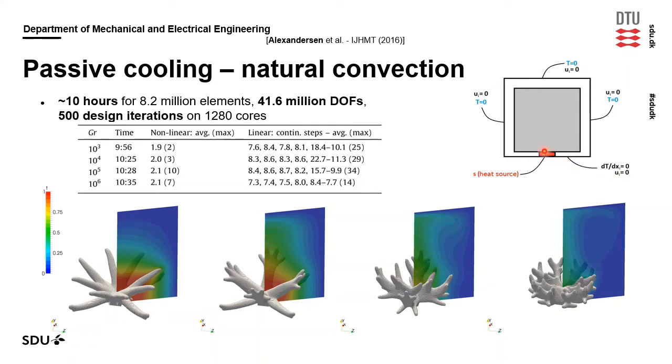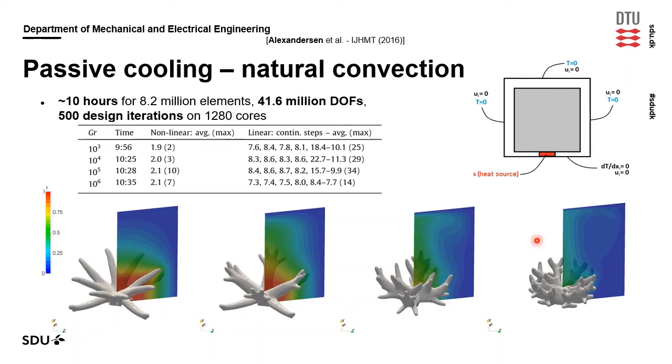Then, like I said, this heat source models an electronics chip, and the gray domain on top is where we can place conductive material in order to cool the heat source, the electronics chip, to as low a temperature as possible.